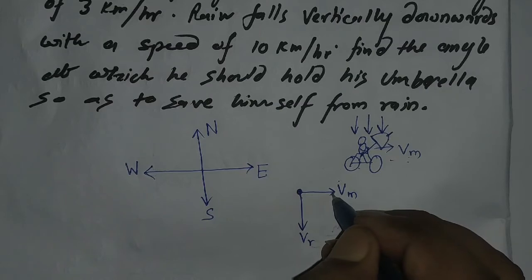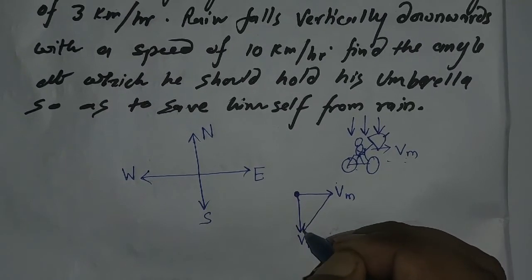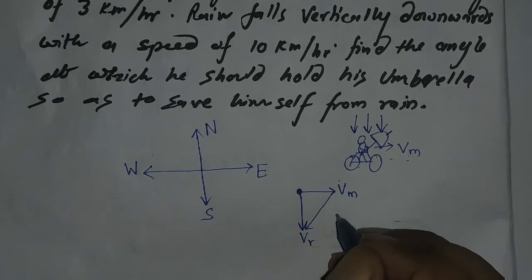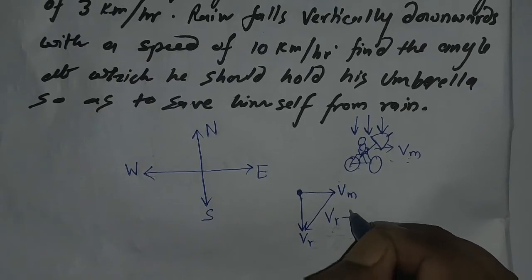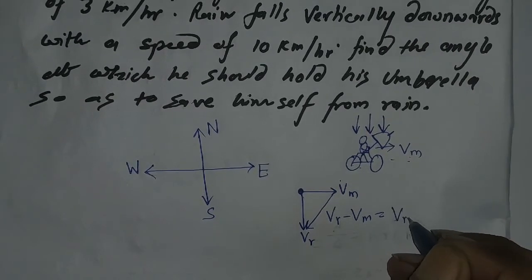For getting that, we will have to draw a line. This line will represent the difference of these two velocities. So this will be Vr minus Vm, means the relative velocity of rain with respect to man.